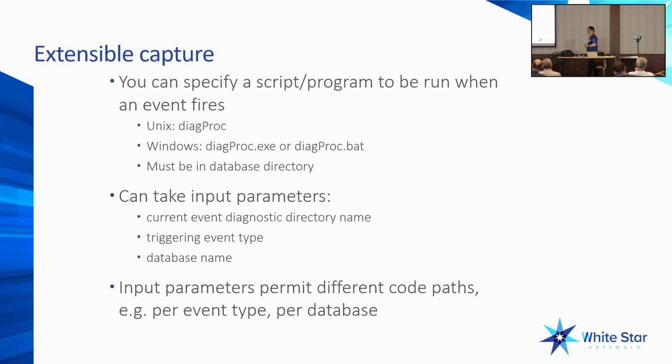What that allows you to do is you could have, let's say, custom code blocks within your data gathering script that say, if it's my accounting database, do that, or if it's my marketing database, do this. Or you could say, if it's a lock table overflow, gather this data, but if it's a BI threshold reached, then gather this other data. So you can further customize your data gathering based on your needs.